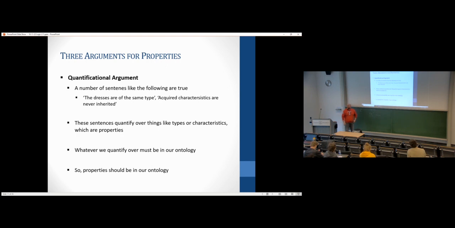What's important about these sentences is that, when we regiment them, they look like they're going to require quantification over properties. Take our "acquired characteristics are never inherited." Ignore my terrible typos there. This looks like it has to involve quantifying over things that are acquired characteristics.